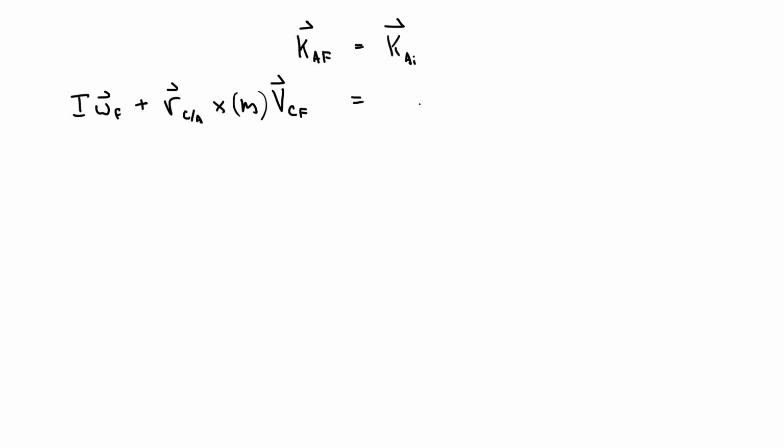And that's going to be equal to I omega initial plus R C with respect to A crossed with the mass times VC initial. That's the initial side of things.